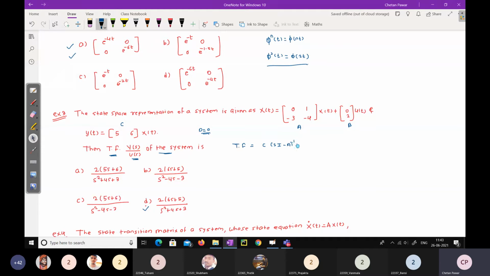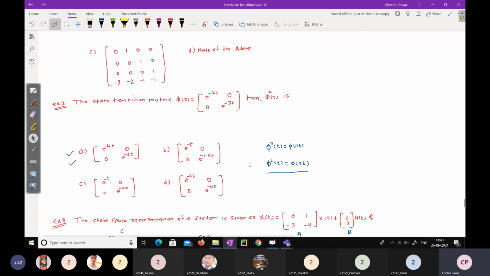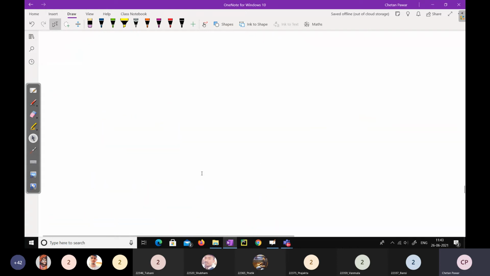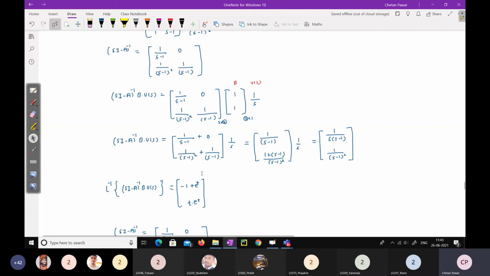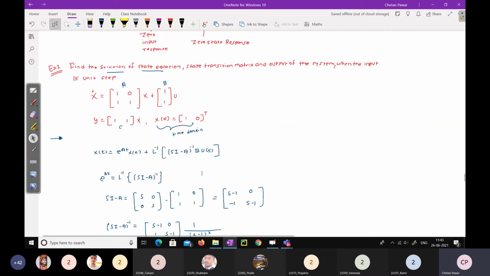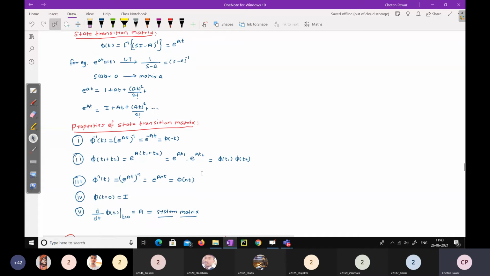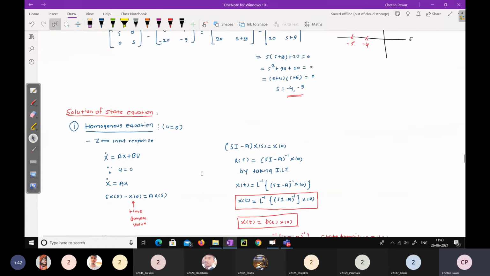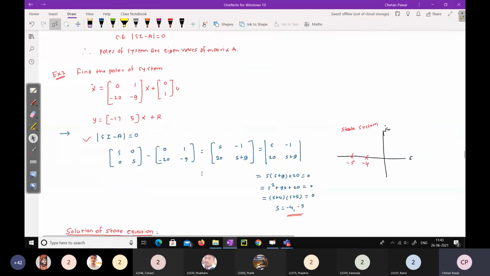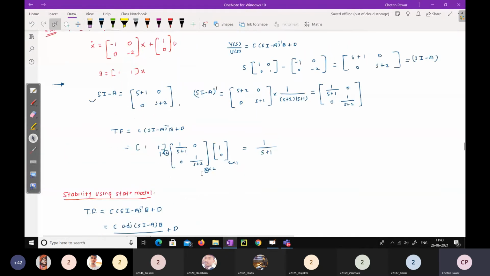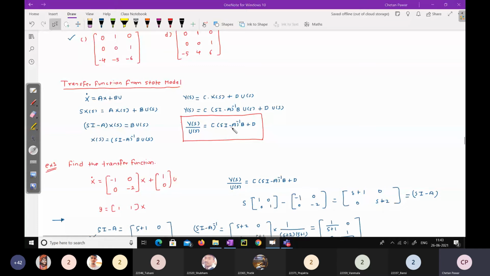We have just derived that formula, no? Here that formula is there, right? C into (sI minus A) inverse into B plus D. Here D is not there, right? D matrix is not there.